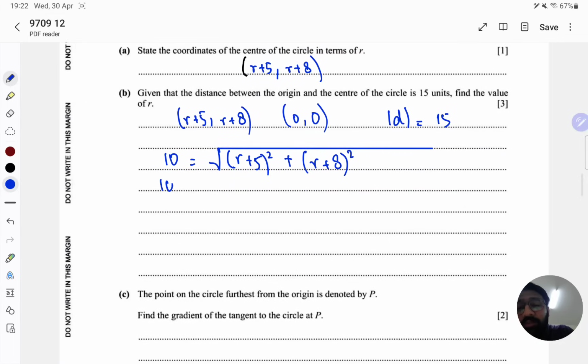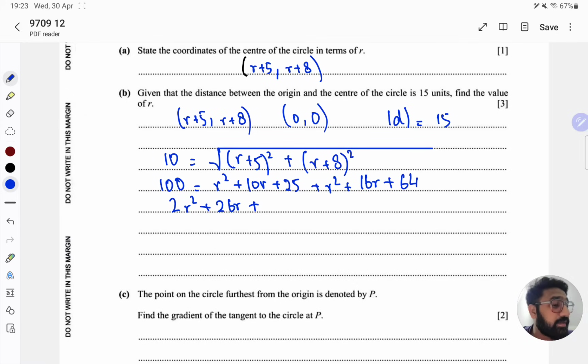We'll take the square on both sides, so 225 will be equal to, I have to expand it as well, r square plus 10r plus 25 plus r square plus 16r plus 64. So it will become 2r square plus 26r plus 25 plus 64 minus 225.